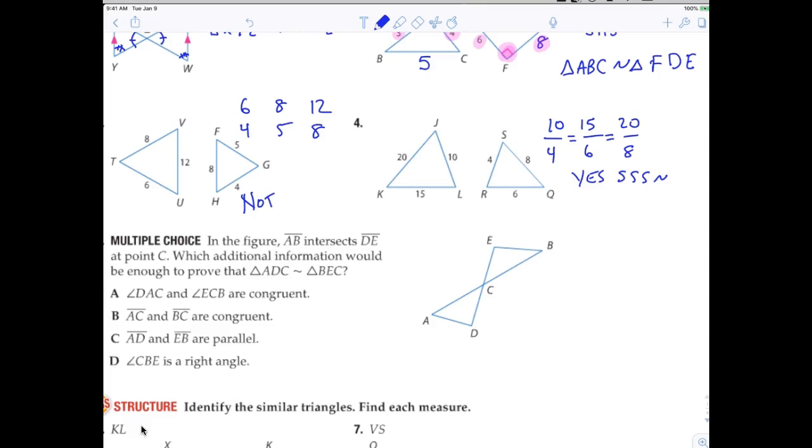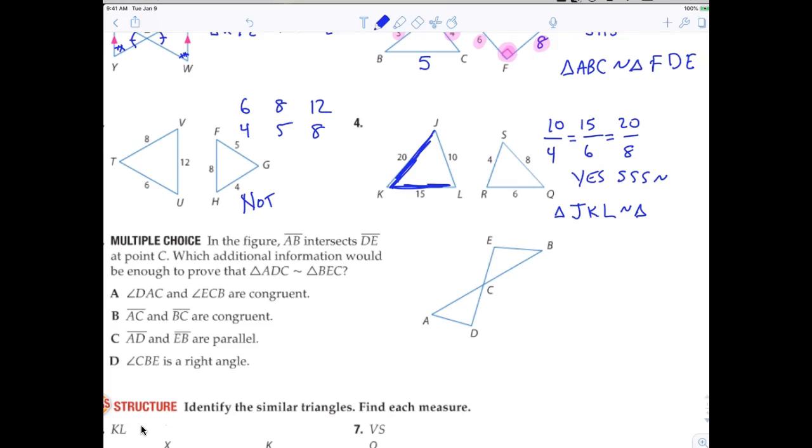And so now, triangle JKL is similar to triangle. Now again, from J to K is the large side to the middle side to the small side.